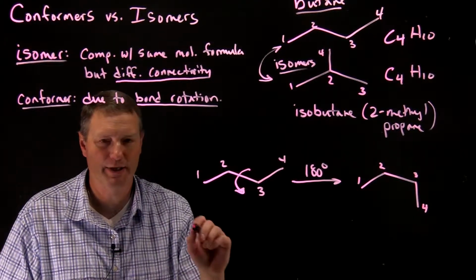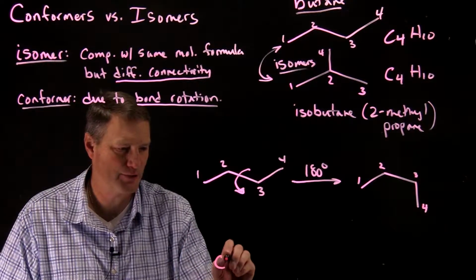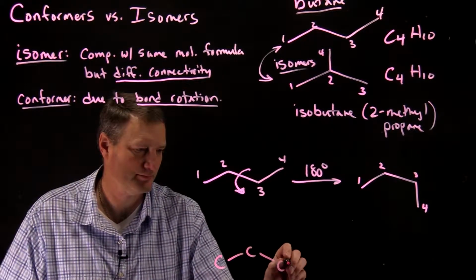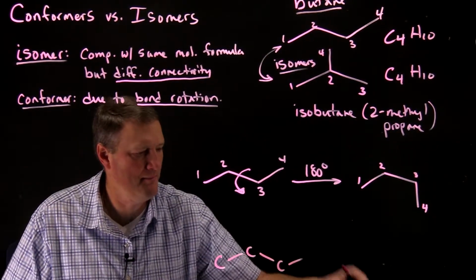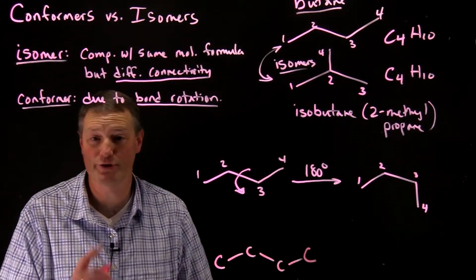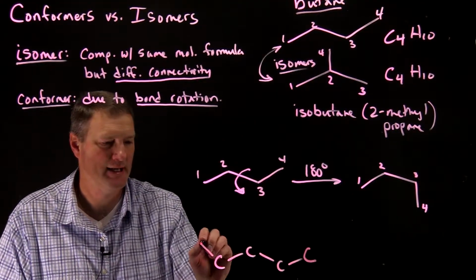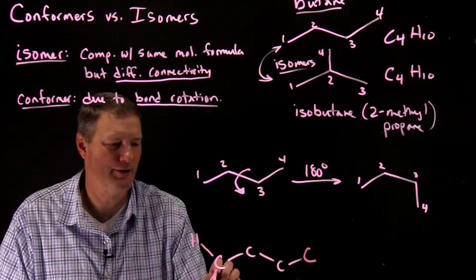Another way to look at this would be using a 3-dimensional model. Let's draw this using a 3-dimensional orientation. And you definitely should get some practice doing this, so maybe try this out in your notes.